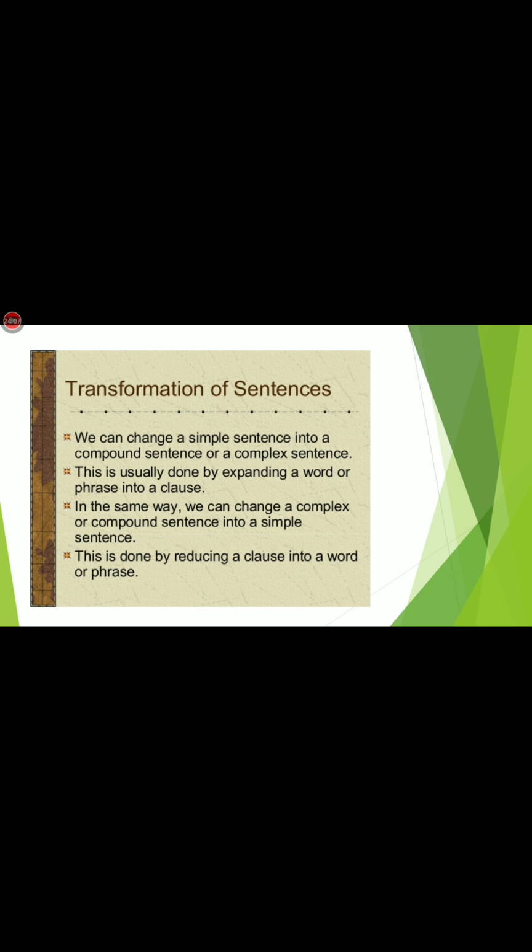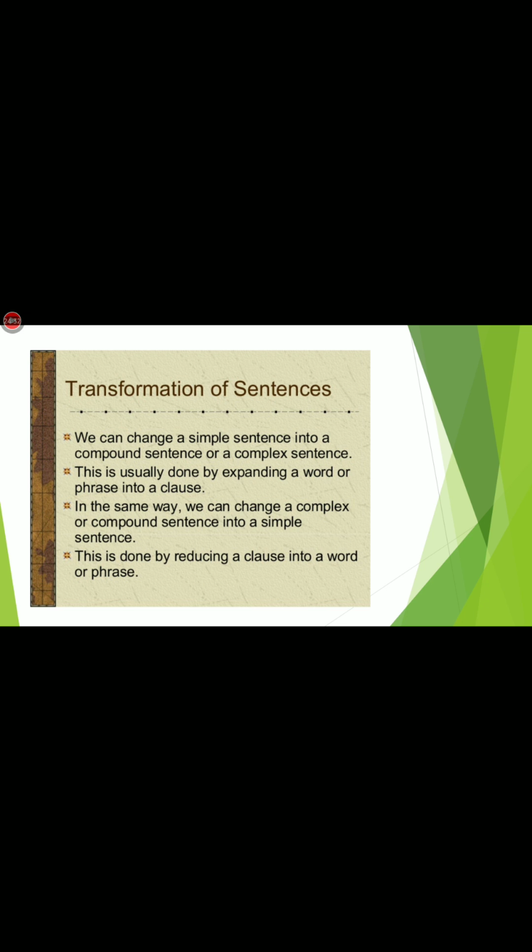For this we need to expand a particular word or phrase into a clause. In a simple sentence, one word or a phrase can be made into a clause. So you basically need to expand that word.